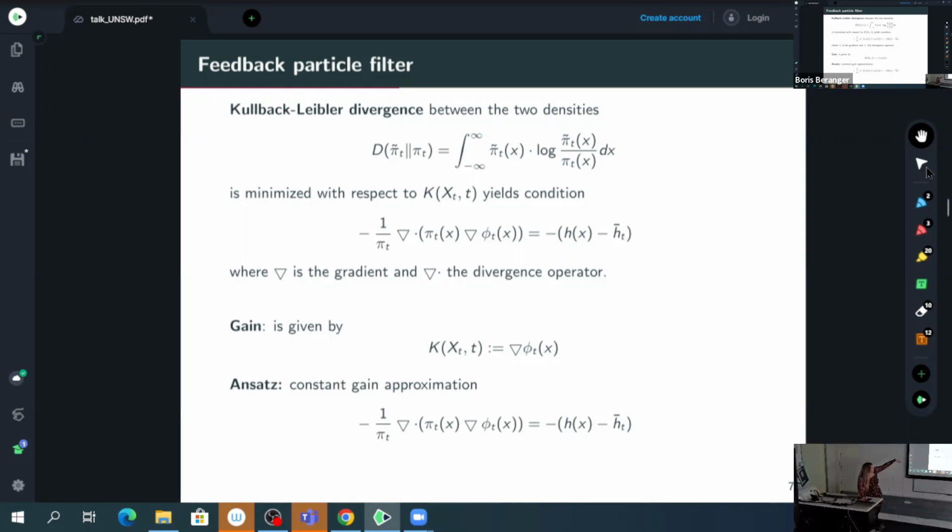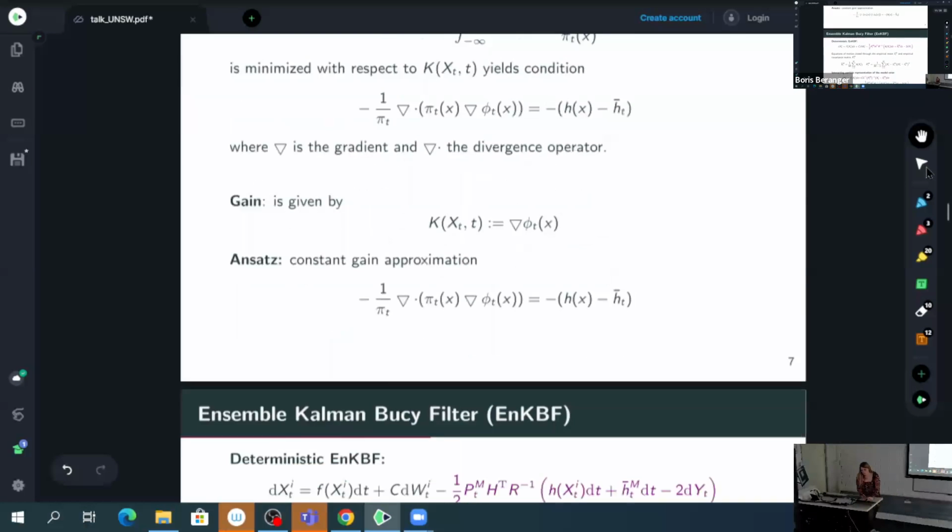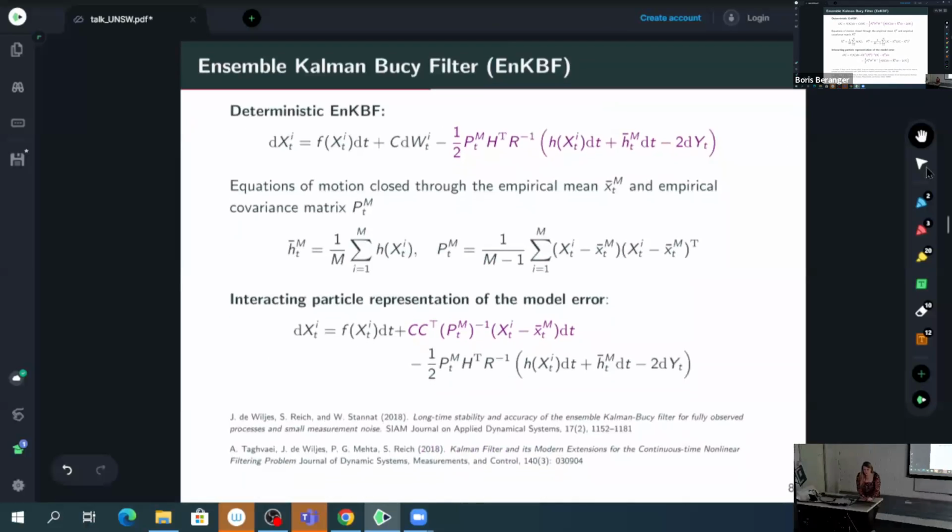So right now we're at a point where we need to make some kind of approximation, and the strongest approximation would be to just say, okay, we choose our gain to be somehow constant. And this leads to a filter that is called the ensemble Kalman-Bucy filter, which is very related to the Kalman-Bucy filter, hence the name.